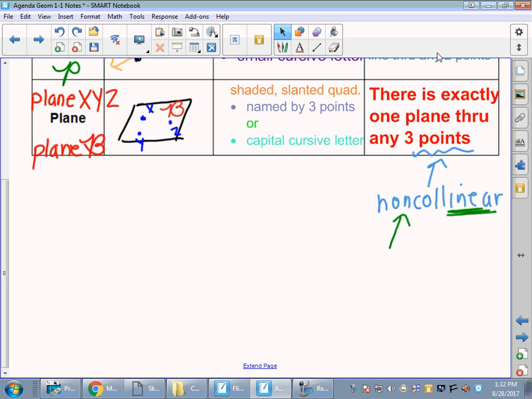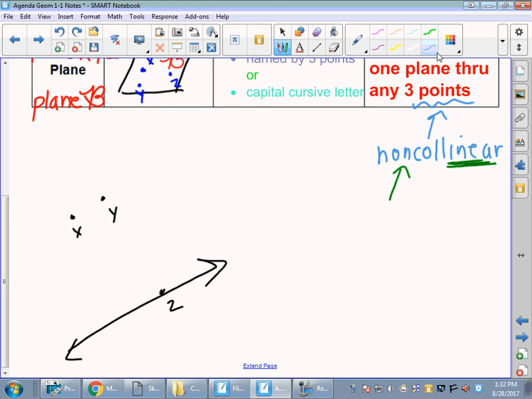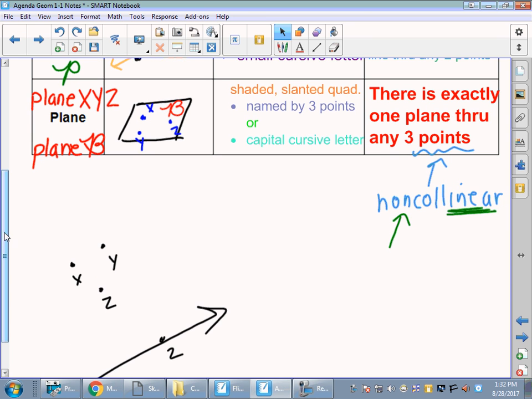So when we pick 3 points, we wouldn't do X, Y, Z where we could draw a line through them. We do X, Y, and Z where they are more triangular, and that's what represents that plane. So just be careful when you pick 3 points. They cannot fall on the same line if you're going to name that plane. And we'll talk more about that as we look more at planes and where they come from.